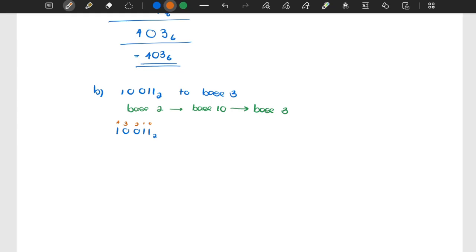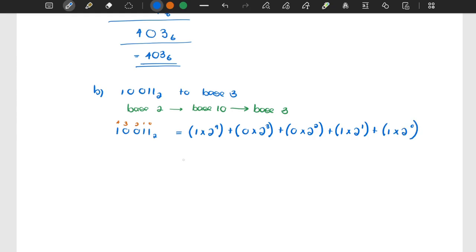Expanding that, which is going to be 1 times 2 to the power 4 plus 0 times 2 to the power 3 plus 0 times 2 to the power 2 plus 1 times 2 to the power 1 plus 1 times 2 to the power 0.